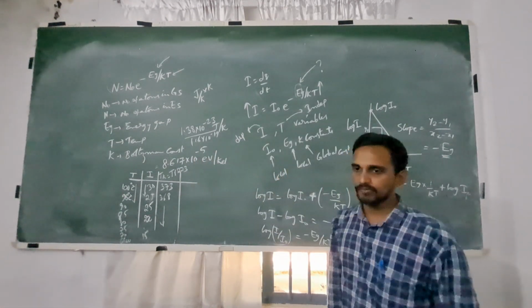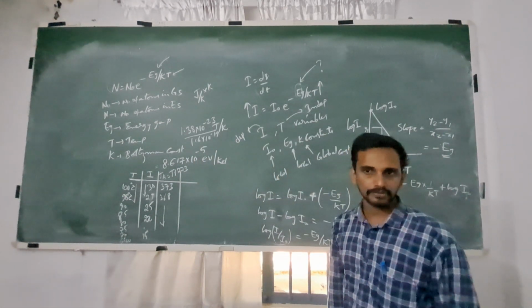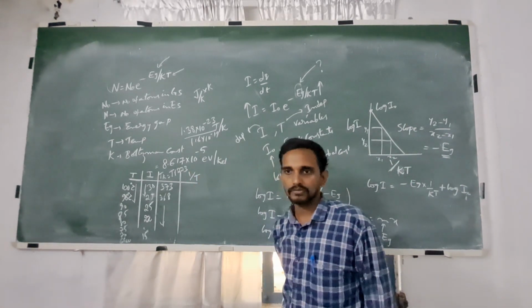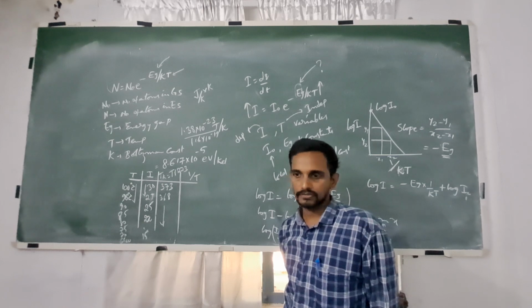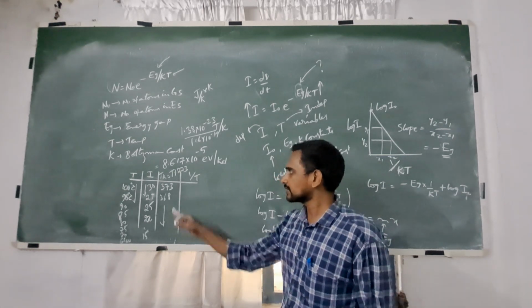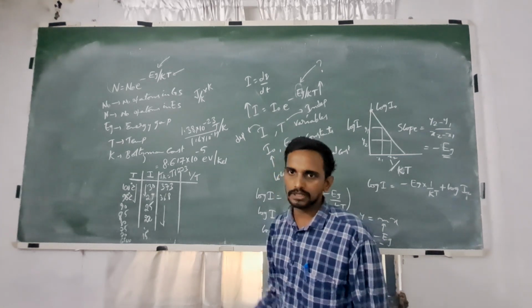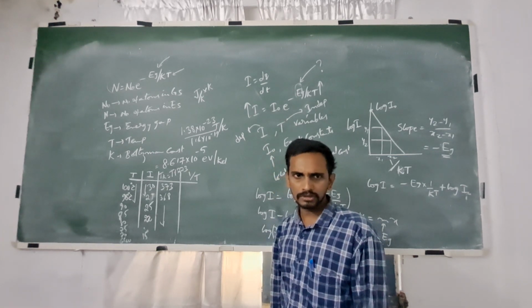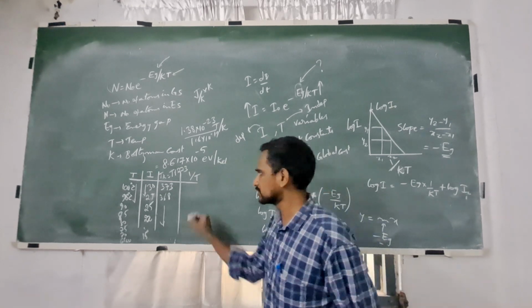Then you have to take 1 by T. What does 1 by T become? So 1 by 300, near to 100, 1000, 1003.